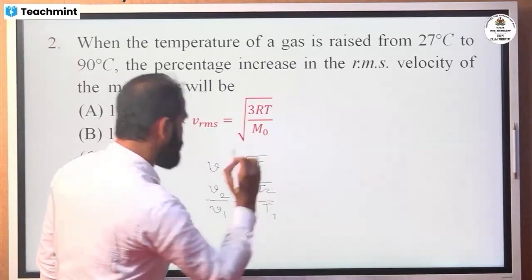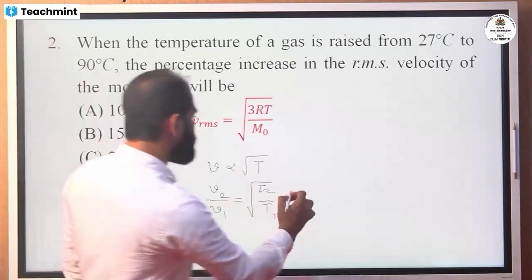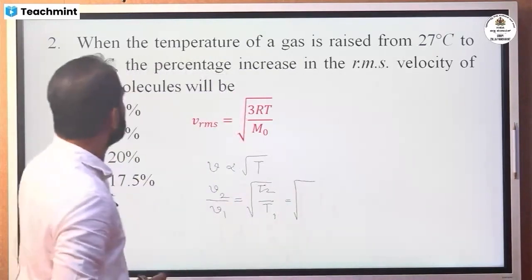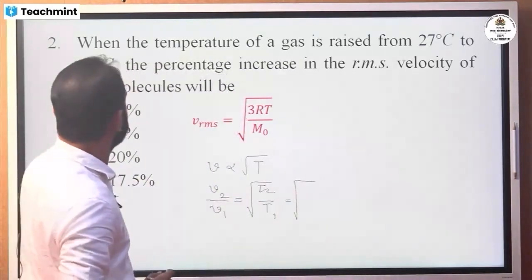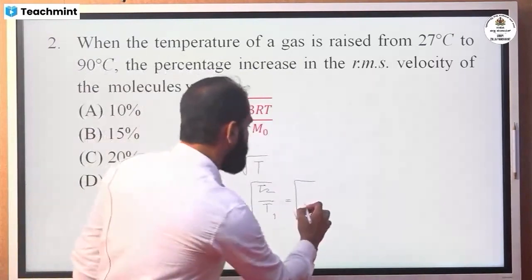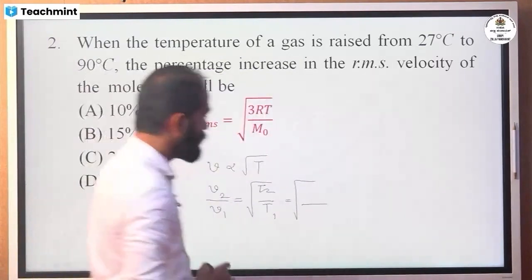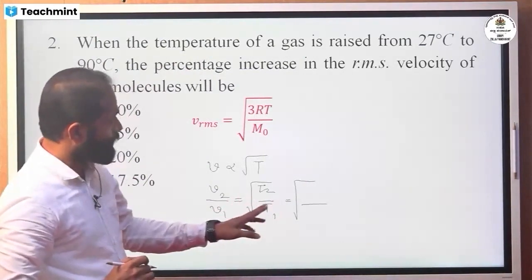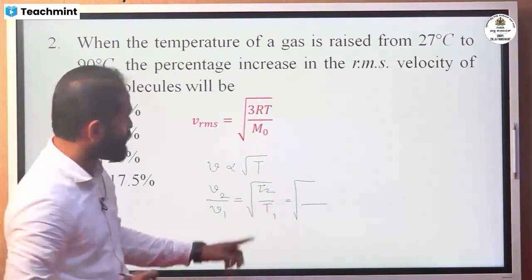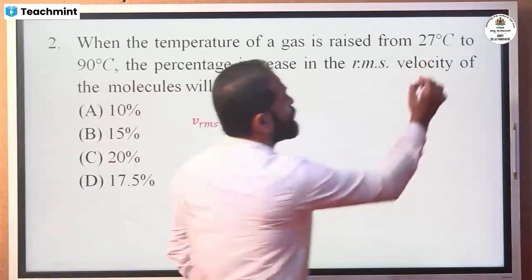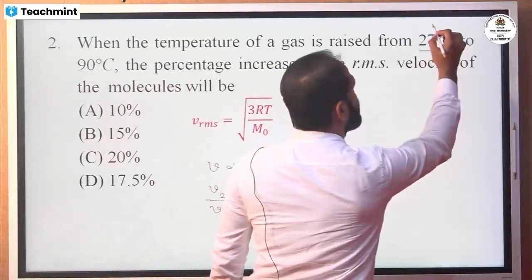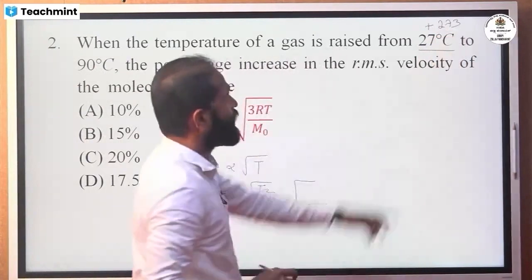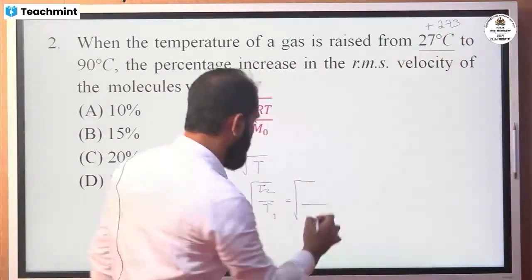Now let's find the final velocity. The initial temperature is given as 27 degrees Celsius. This formula works only if the values are substituted in Kelvin, and it doesn't work in degrees Celsius. So to convert 27 degrees Celsius to Kelvin, we add 273, and it becomes 300 Kelvin.